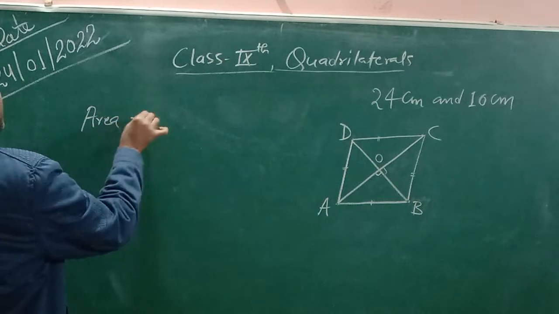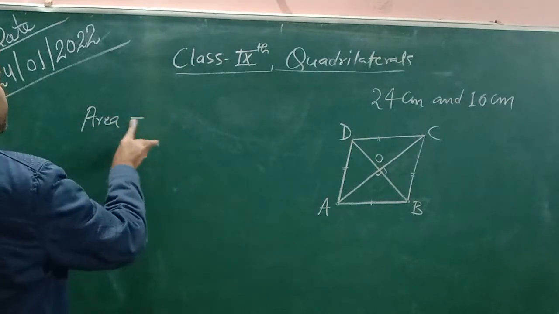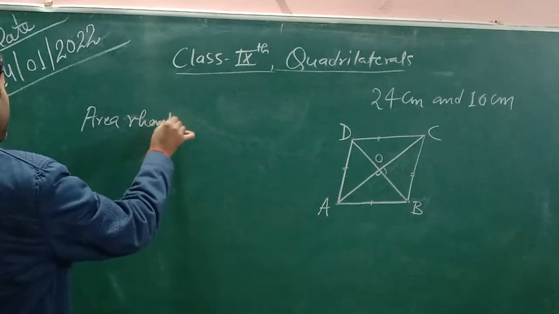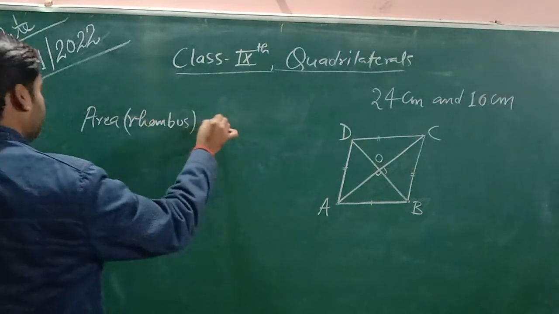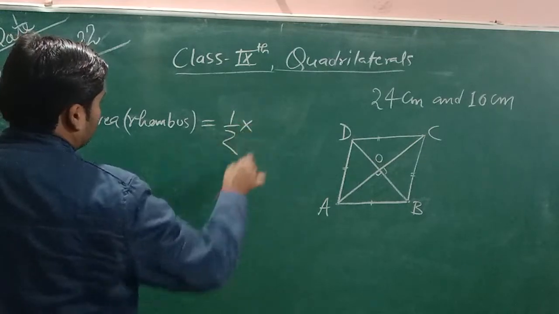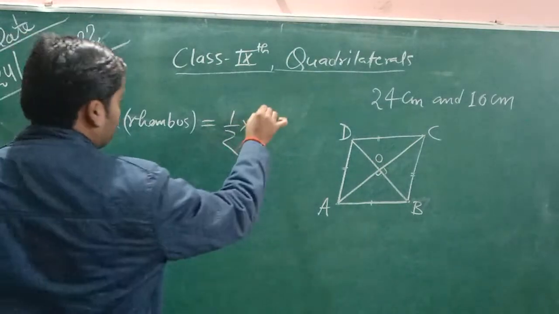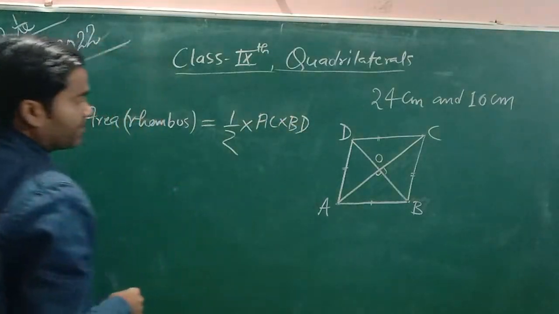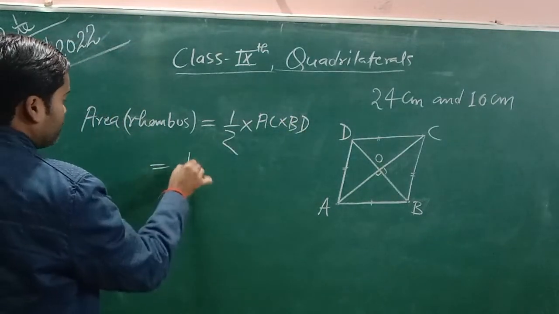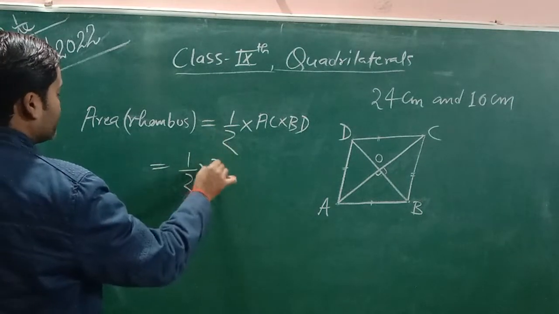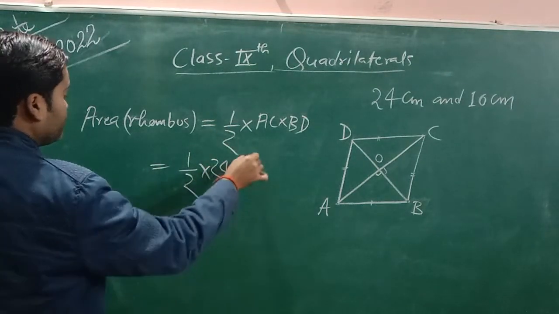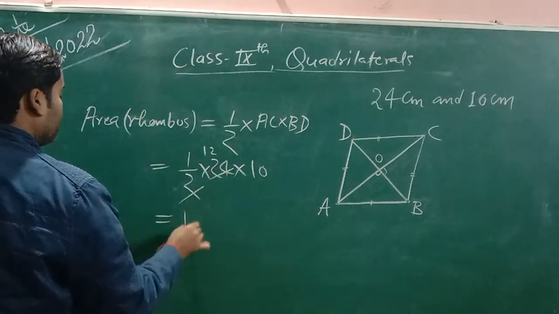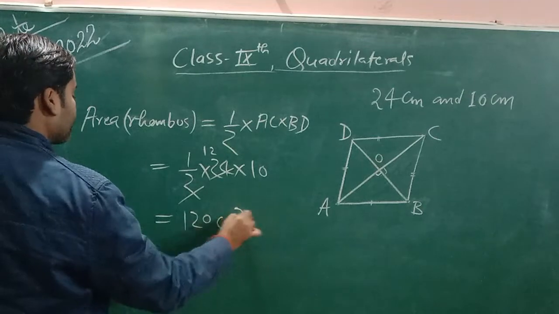Let's write down. Area of rhombus is equal to 1 upon 2 product of diagonals, or you can write 1 upon 2 AC into BD, 1 upon 2 d1 into d2. 1 upon 2, consider AC to be 24 and BD to be 10. 12 times 10 is 120 cm square.